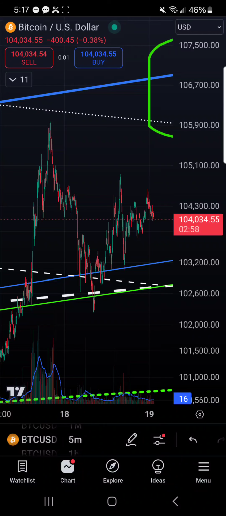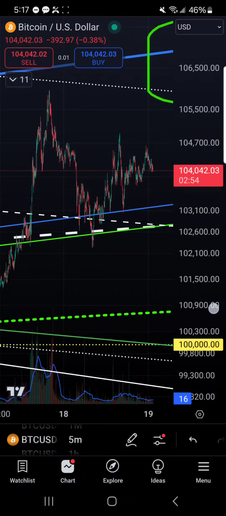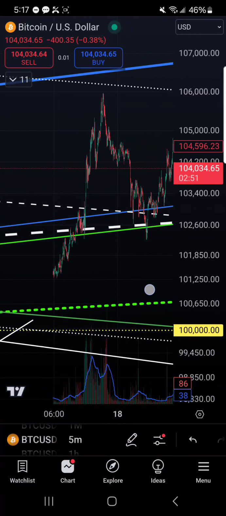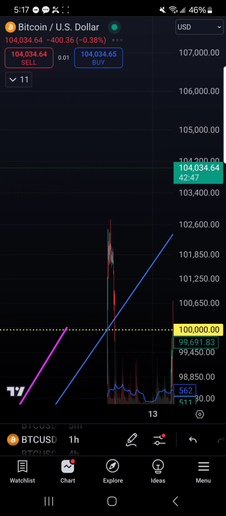Well, let's go to an hourly time frame. We need to go to an hourly to get enough candles in there.